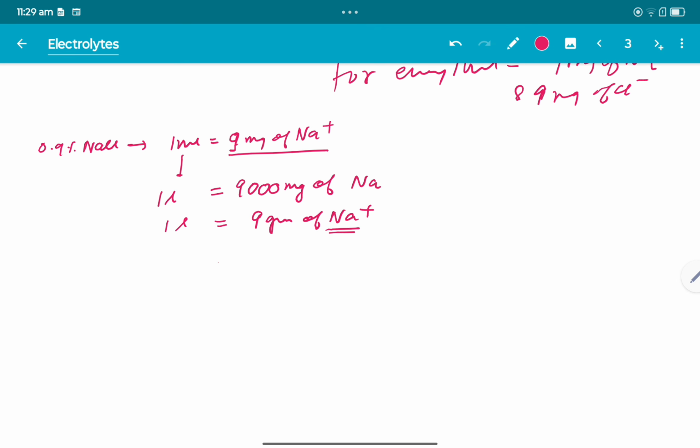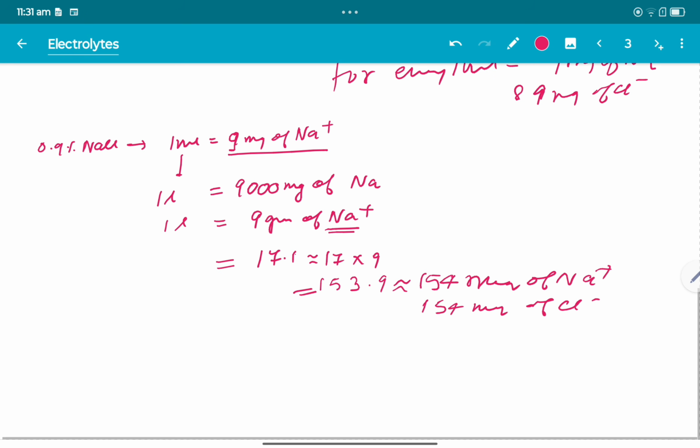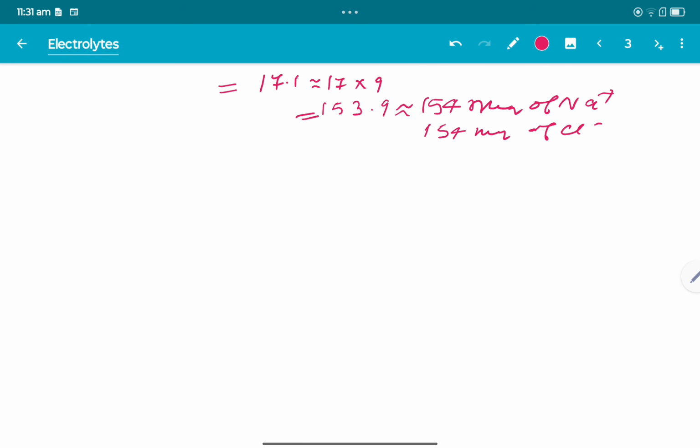Or 17.1 into 9, so 17.1 into 9 will be equal to 153.9, or 154 milliequivalent of sodium and also 154 milliequivalent of chloride. This is an easy way you can remember.